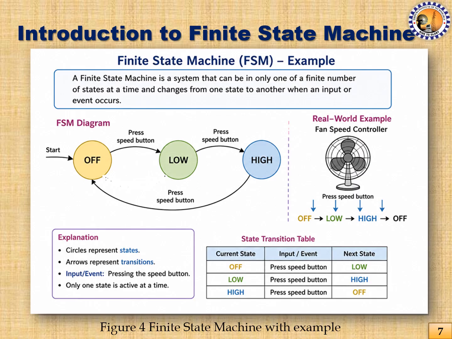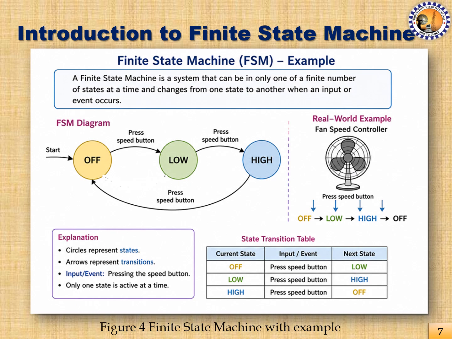One state is called off state, next state is called low state, which means the fan moves slowly, and there is another state called high state, in which the blade of the fan rotates fast. So when we connect the fan to the wall socket and switch on, it will remain in the off state. And when we press the button, what will happen?